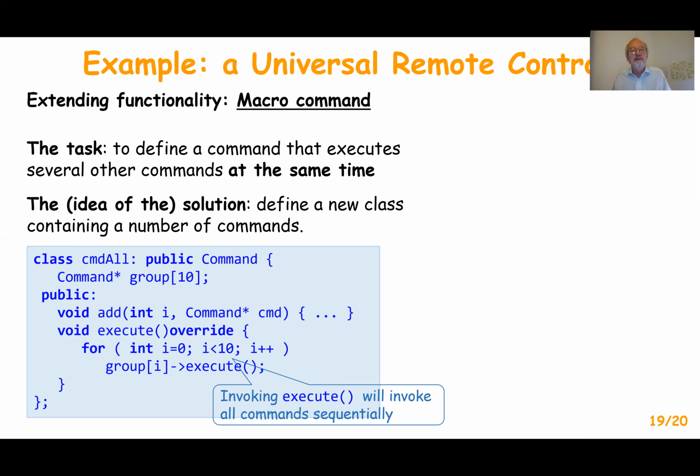That's it. So this is the way we can make compositions of commands and encapsulate them into a single command. So the idea is that pressing a button associated with an instance of such a command, we can, for example, if I enter my house, my apartment, and push this button, everything happens. The light switches on, the radio starts speaking or singing, and the air conditioner starts working.